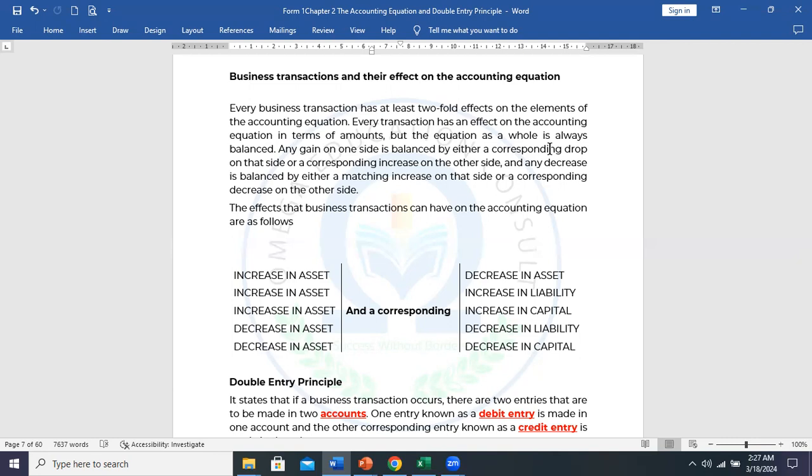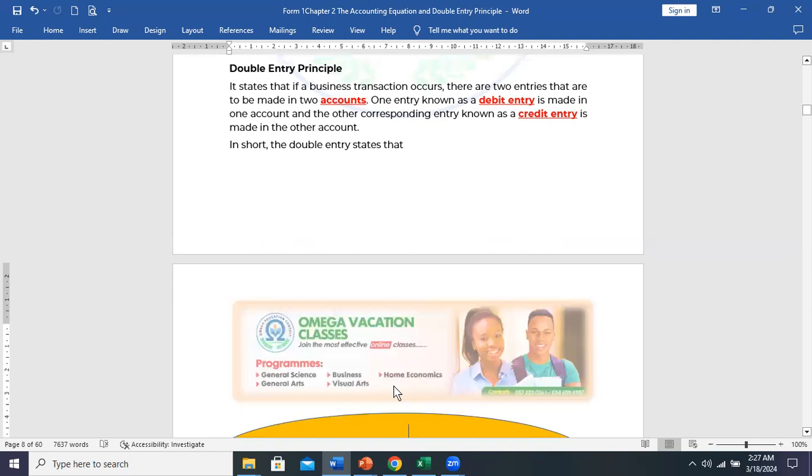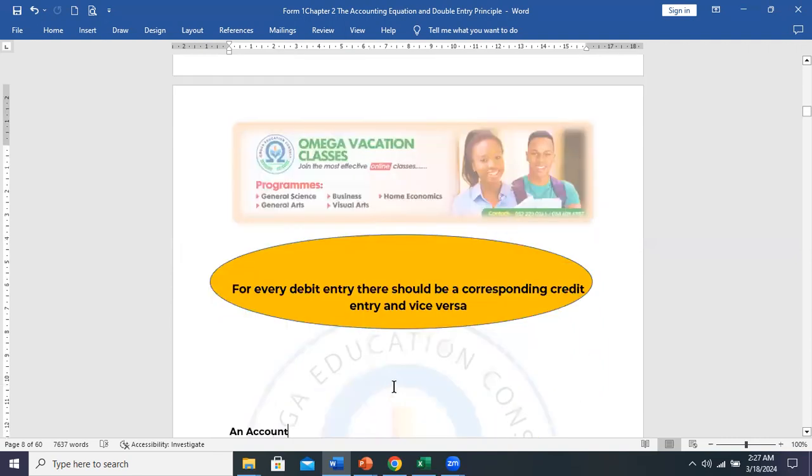So on the background that you now appreciate that a transaction can affect an asset, a liability, or capital, let's look at what the double entry principle is. Okay. Now this is what the double entry principle states, so you can put it down in your notes.